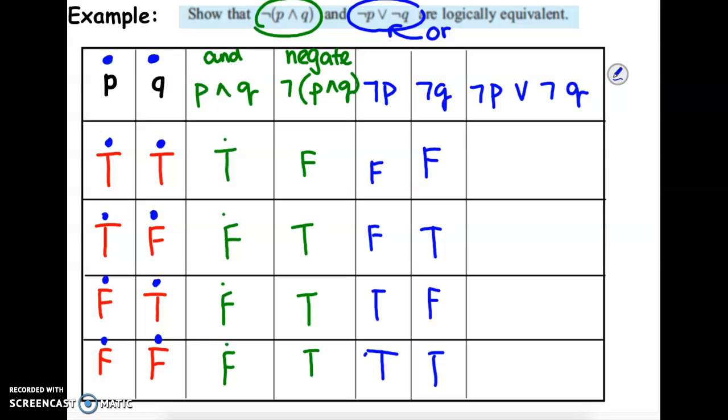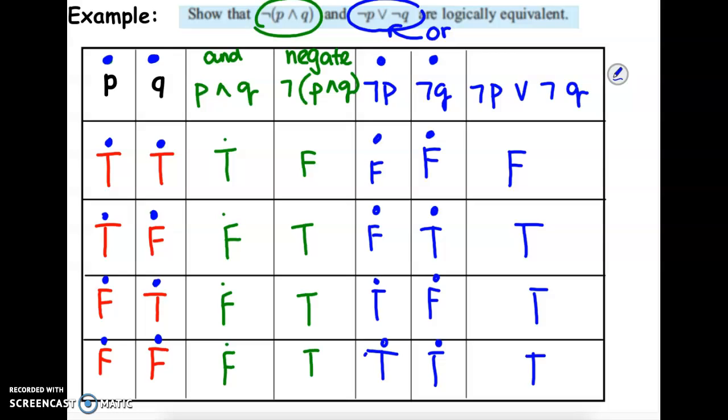All right, so we're looking at the columns in the blue right here, not P or not Q. So this is false and this is false, so the rule says it's false. This is false and this is true. We only need one of them to be true, so it's true. One of them is true and one of them is true, so we're good. We can have one or both of them be true, so we're good to go.